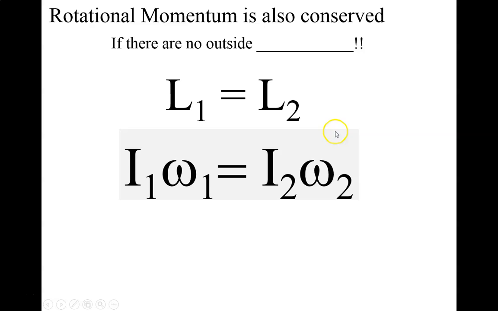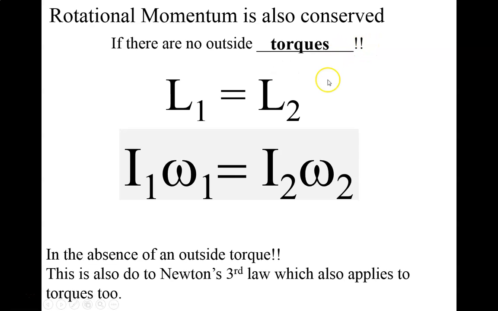So rotational momentum is also conserved as long as there's no outside torque. Now instead of forces, when we're talking about rotation, we're concerned with torques. And we can abbreviate that by saying L1 equals L2. My initial rotational momentum equals my final rotational momentum in a rotational collision, or explosion, or something along those lines.